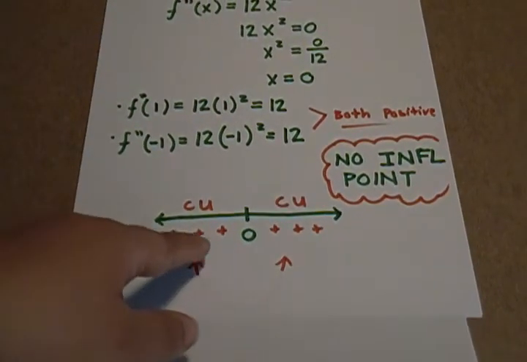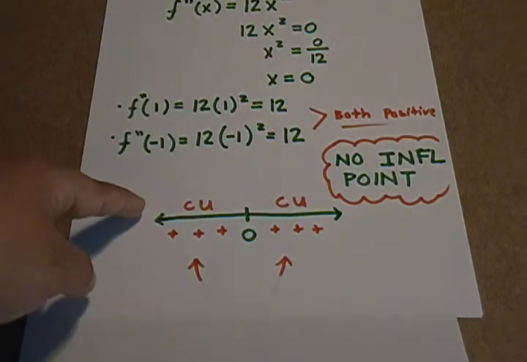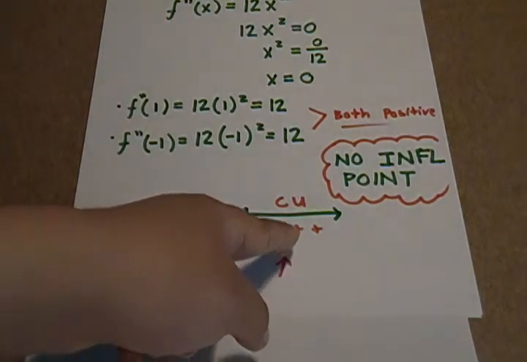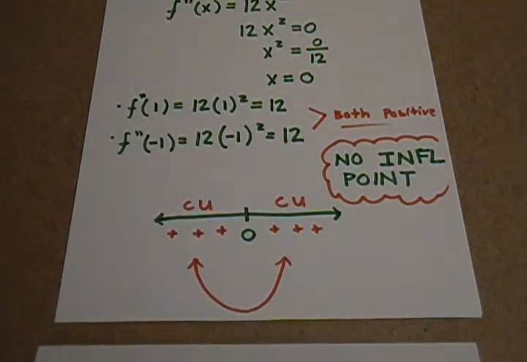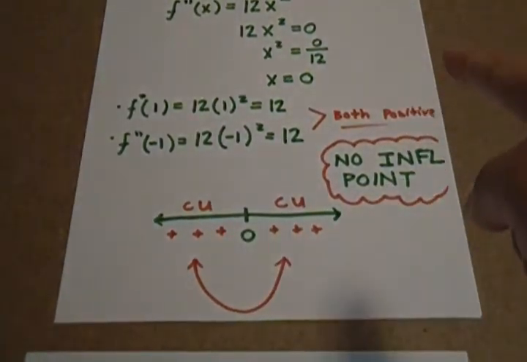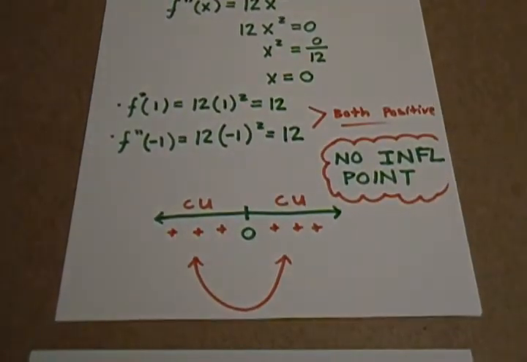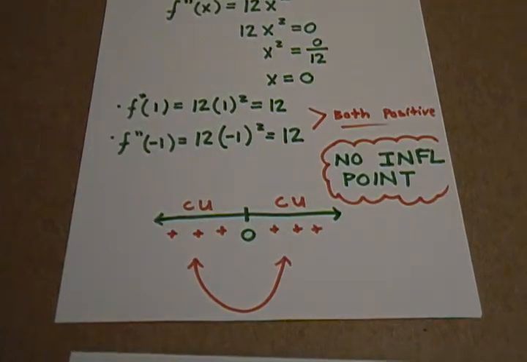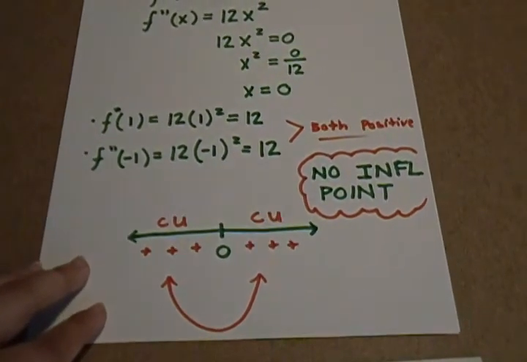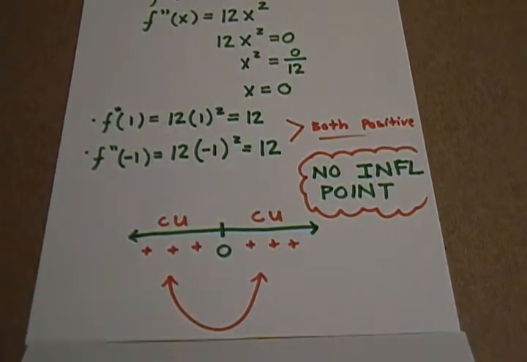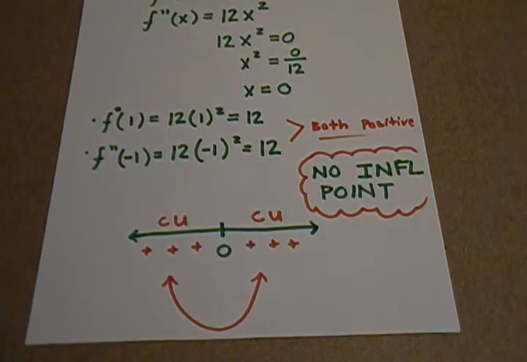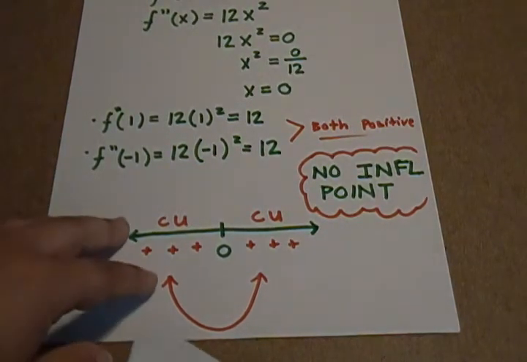Since it's positive on this interval, it's concave up, and since it's positive on this interval it is also concave up, the whole graph is just going to be concave up. There is no inflection point because the graph does not change concavity. So for this problem, there are no inflection points.